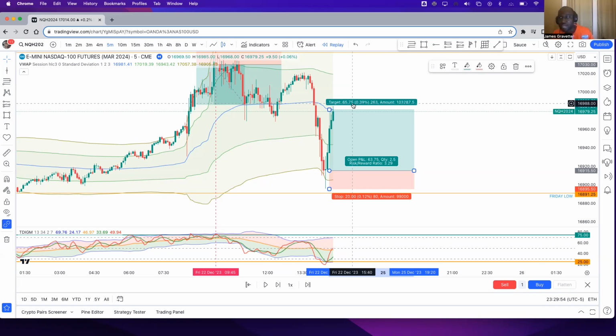It looks like it's about 5.2%, yeah, about 5%, which is not bad for two trades.